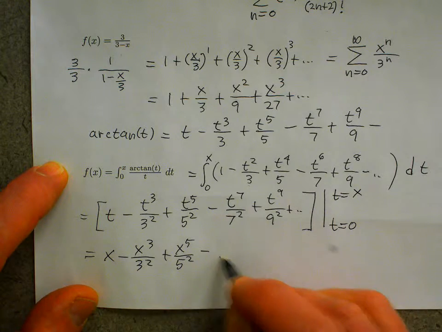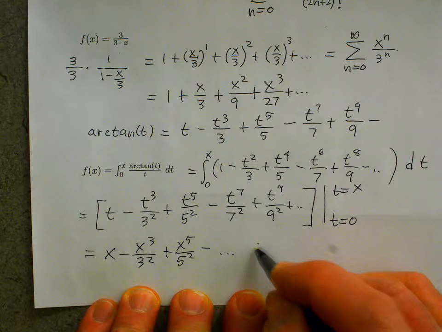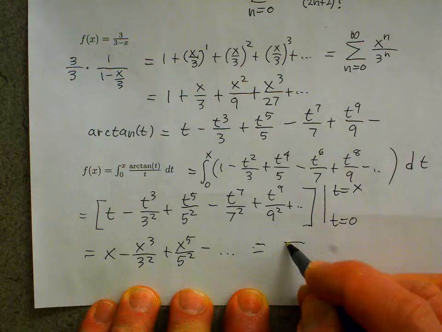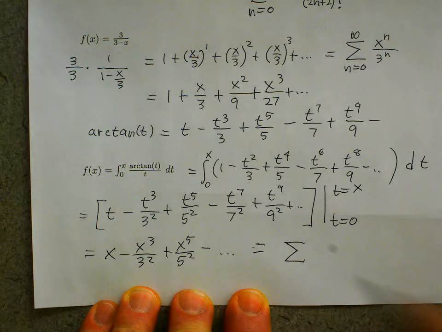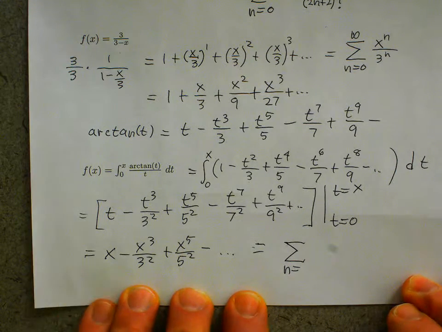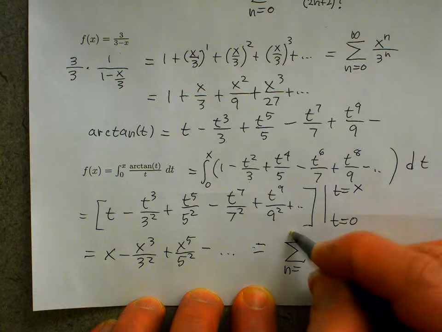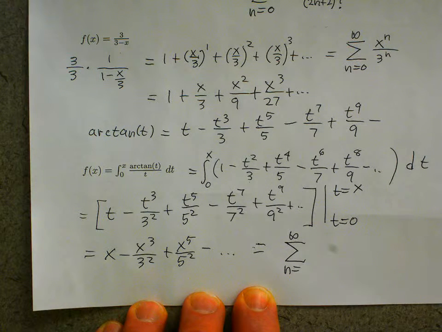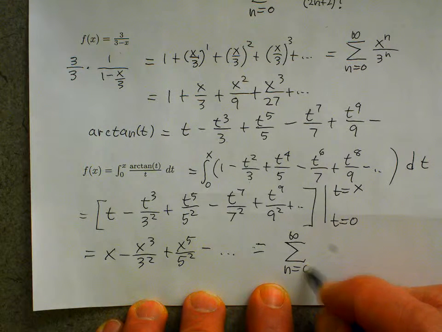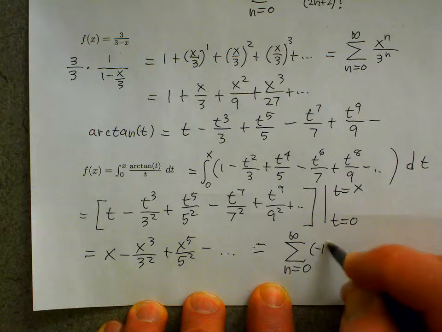So you know the pattern, so let's write it in sigma notation. Let's start with n equals 0, I guess. It's alternating, so negative 1 to the n.